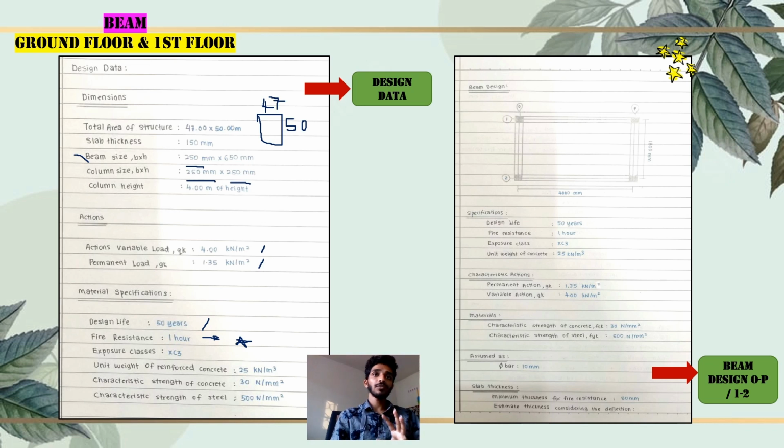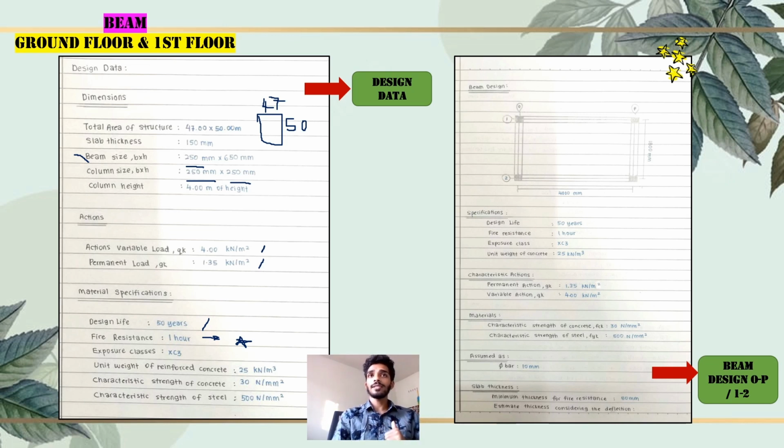The exposure class for concrete design is XC3, and the unit weight of reinforced concrete used in this entire project is 25 kilonewton per cubic meter. The characteristic strength of concrete, also known as FCK, is 30 newton per square millimeter, and the characteristic strength of steel is 500 newton per square millimeter too.